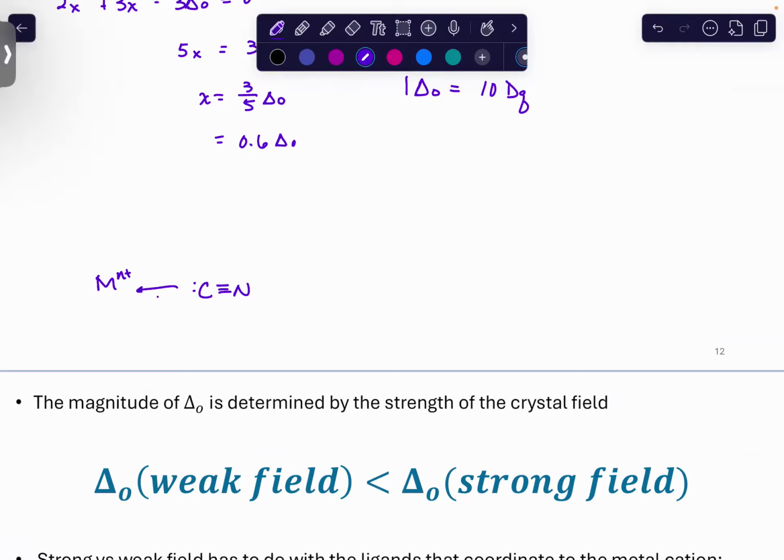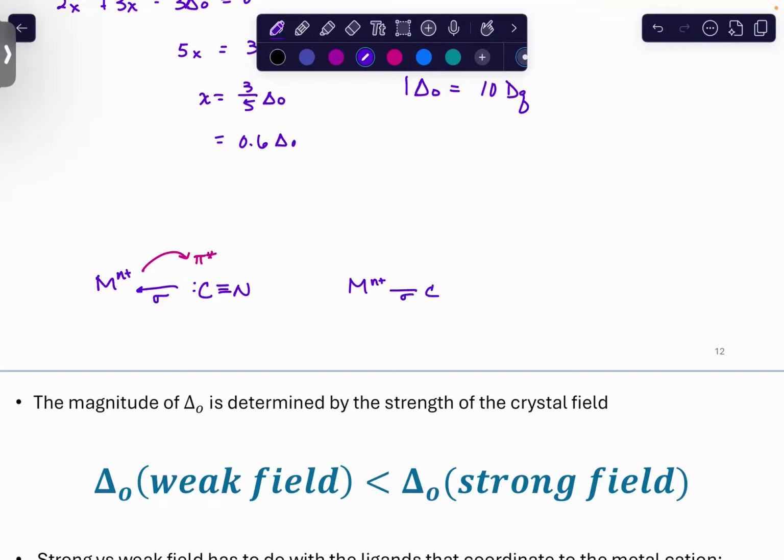Initially, the ligand is going to share sigma electrons. But then, because of the nature of carbon and the structure of this molecule, what's going to happen is the metal will then backshare electrons into the pi star level.